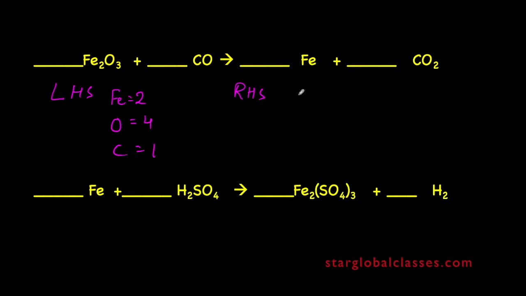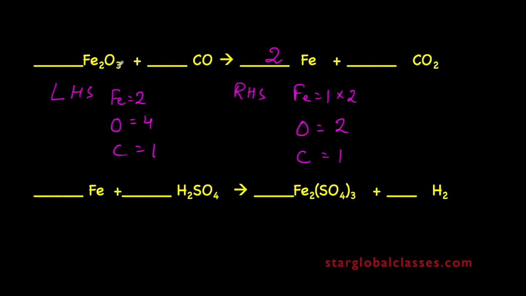On the right hand side Fe is 1, oxygen 2 and carbon 1. We can see that here iron is 2 and on the right hand side iron is only 1. So we will multiply this by 2. So it became 2. So iron is now balanced.